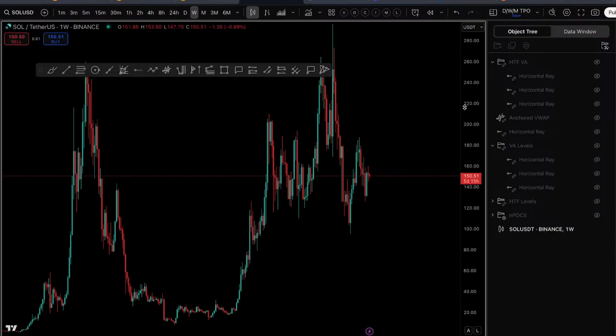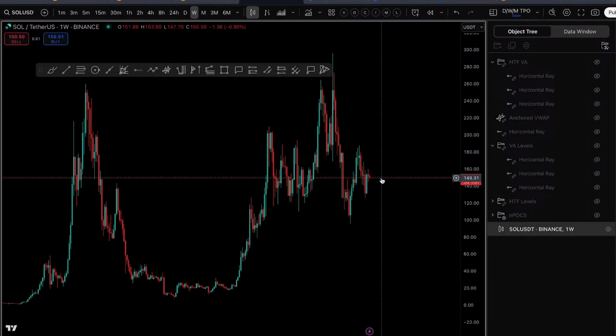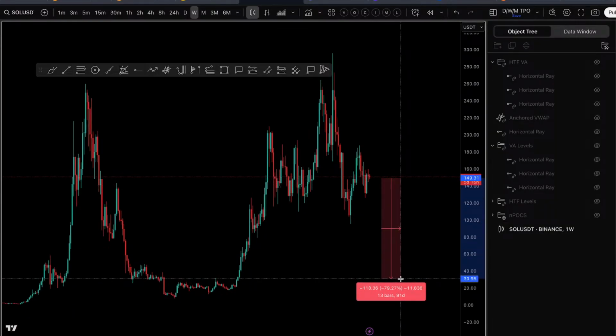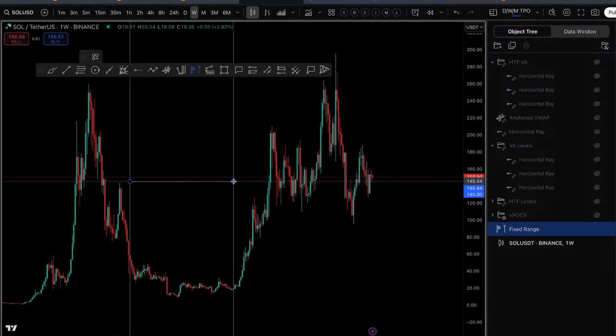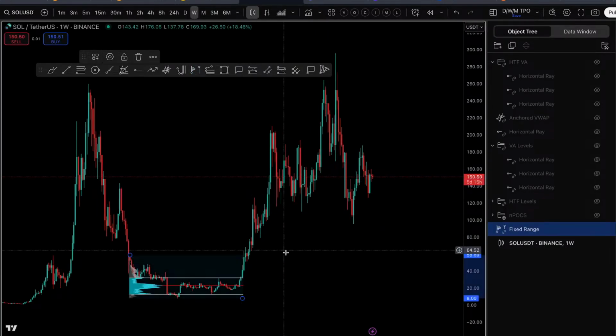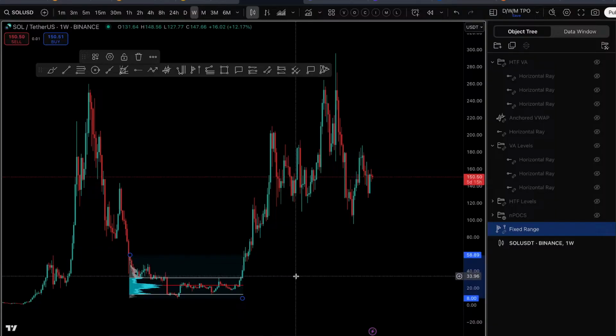As Solana is not something I would hold on to because it can go further down 80%, back to $30 where the impulse started, which was here. Yeah, so it's going back to $30.